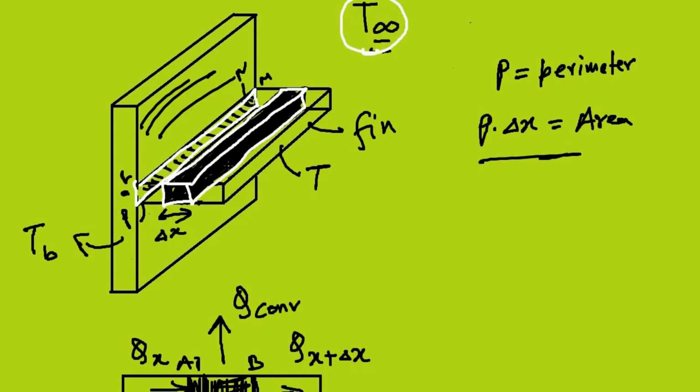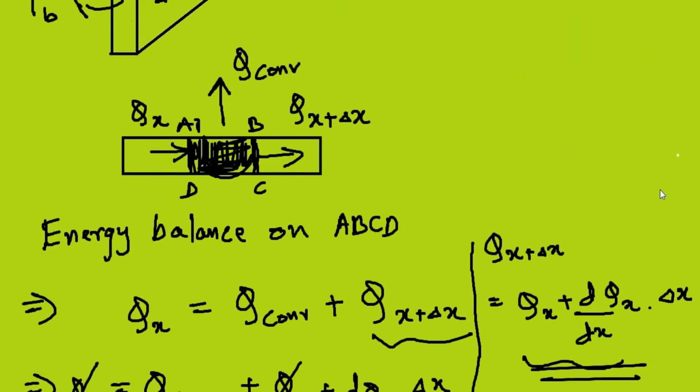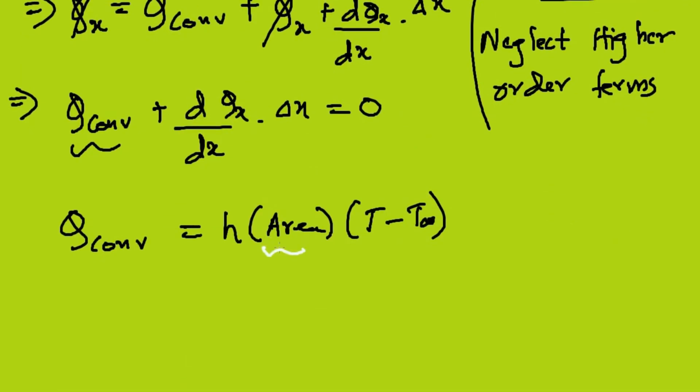If I know this perimeter and I multiply with del x, then I can easily find the surface area which is covering this portion. So I hope it is clear now. Now I will replace the area with P del x. So my expression becomes q convection equals h times P del x times T minus T infinity.